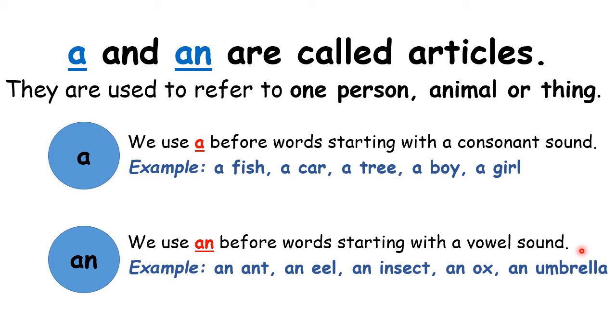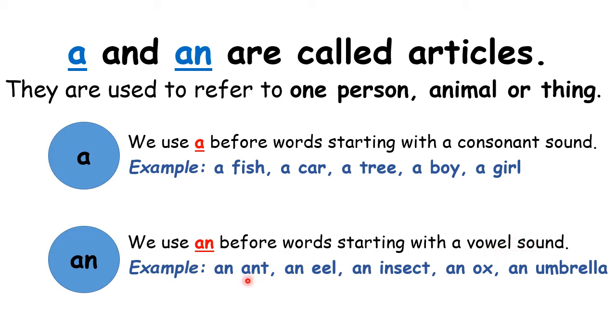The 5 vowels are A, E, I, O, and U, right? Those are the 5 vowels we studied. So we use an before words starting with a vowel sound.